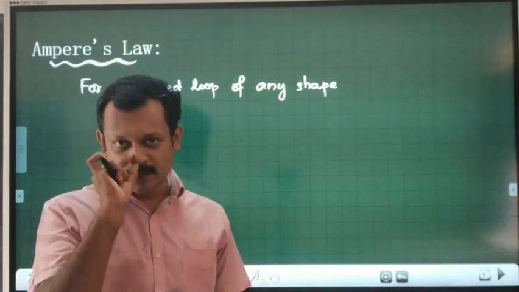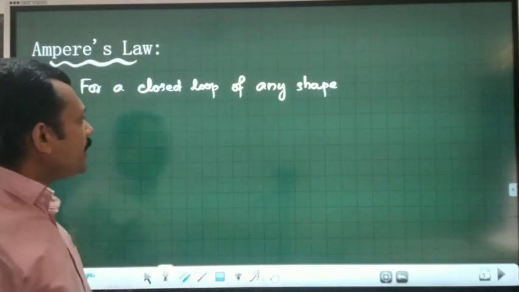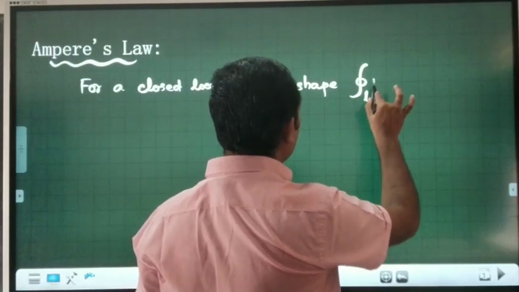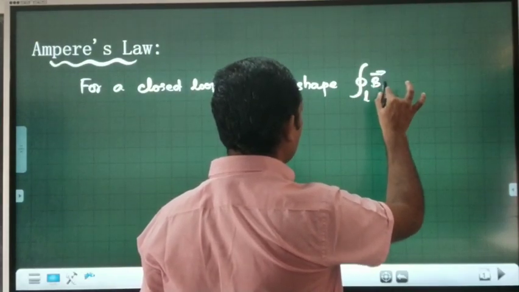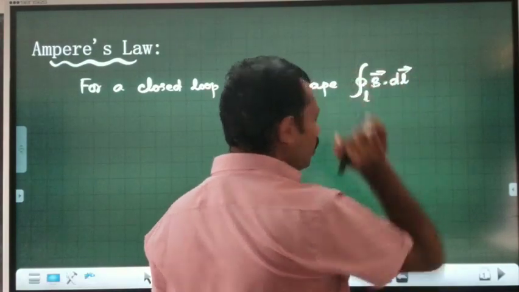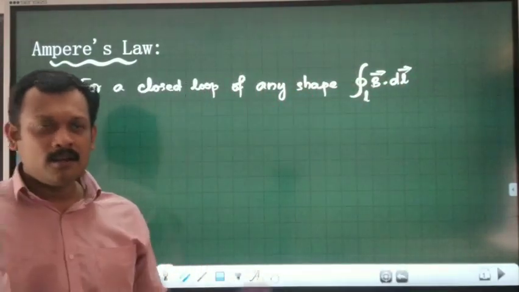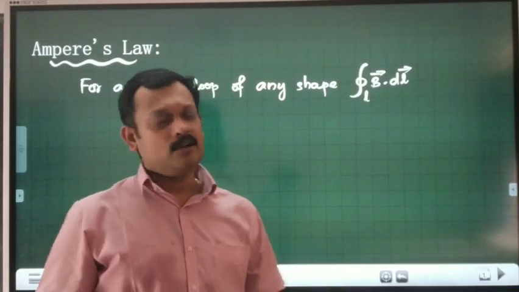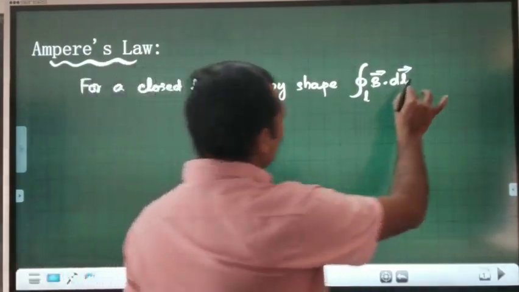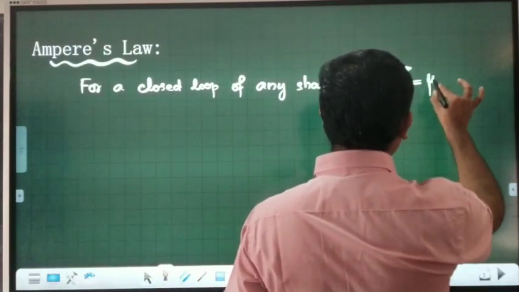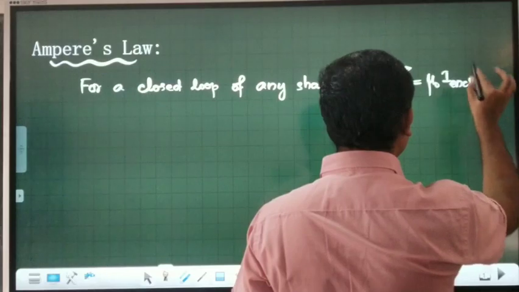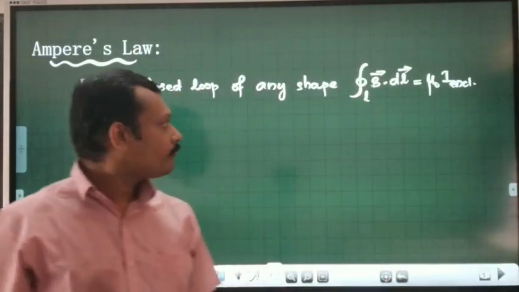irrespective of the shape of the loop, the line integral of the magnetic field, that is closed integral B dot dl, is equal to mu 0 times the current enclosed by the Ampere loop.